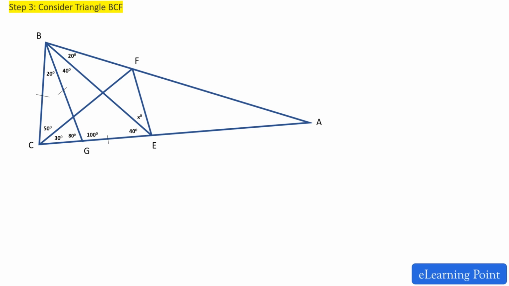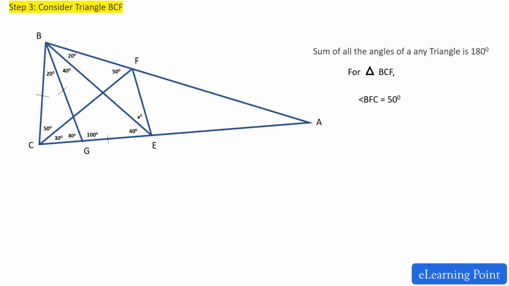Now consider triangle BCF. Again, the first stage: the sum of the angles of any triangle is 180 degrees. So for triangle BCF, the angle BFC equals 50 degrees.